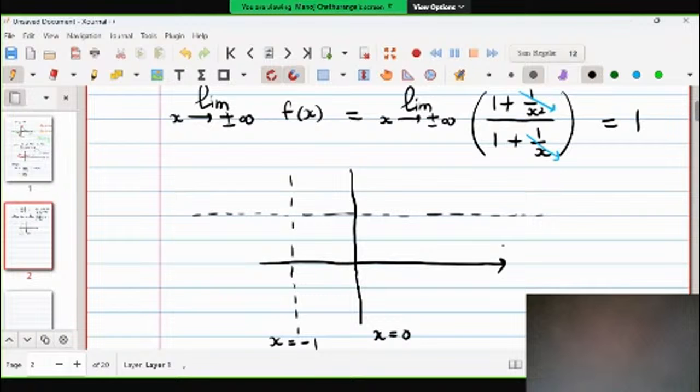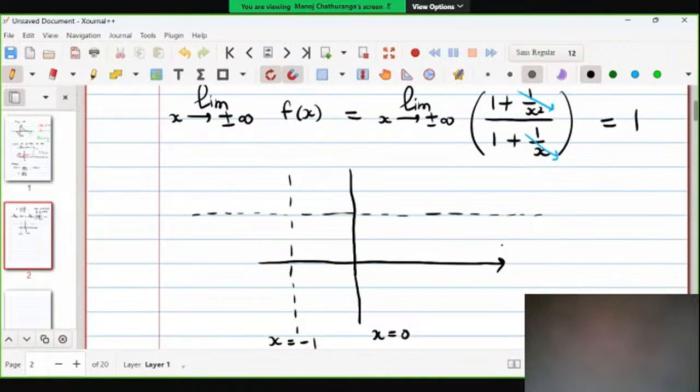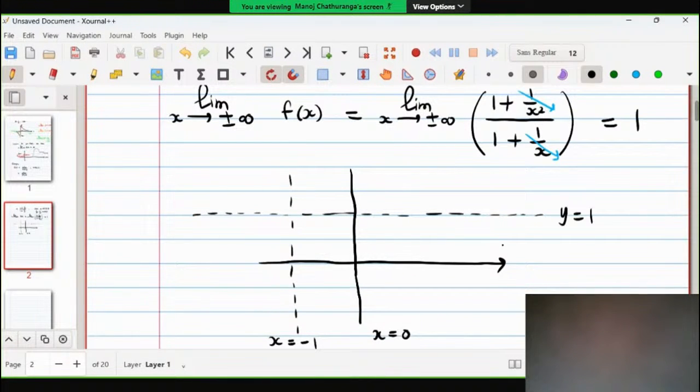As x goes to plus infinity and minus infinity, the function reaches a finite number. y equals 1 is a horizontal asymptote for this function.